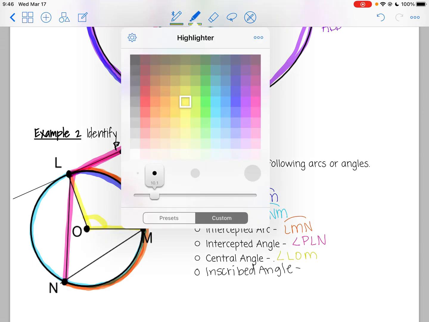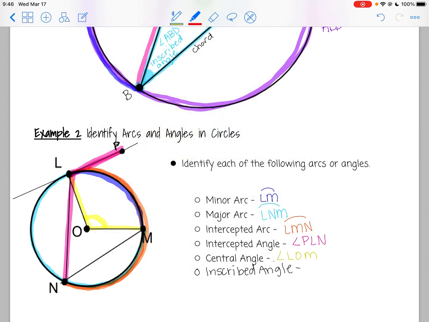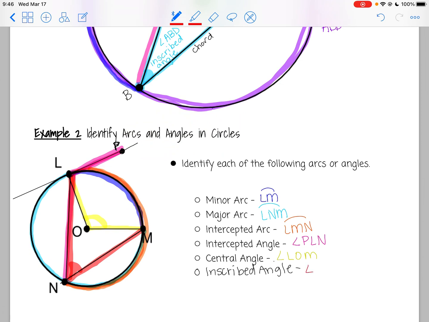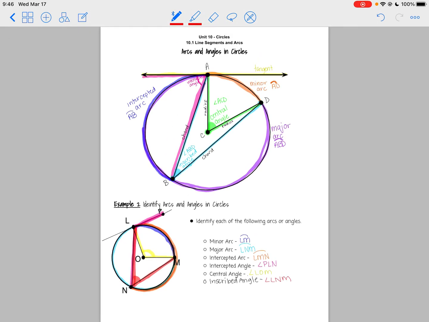The inscribed angle is going to have a vertex on the circle, and it's going to be created by chords. LN is one chord, NM is another chord. So the angle that's created there is angle LNM. We'll look at the relationships that are formed by these angles and arcs and segments, and so our vocab is going to be really important to being able to identify the pieces that we're working with.